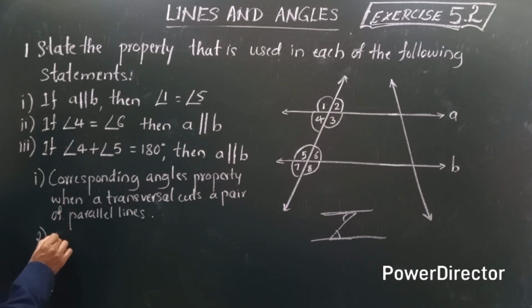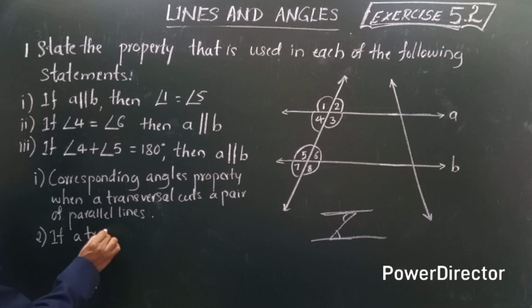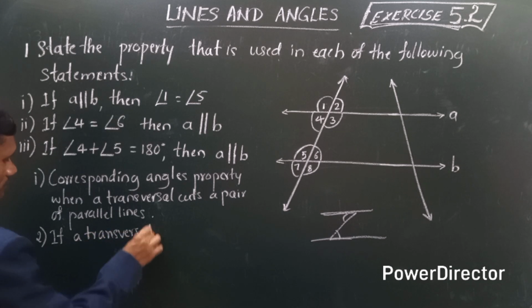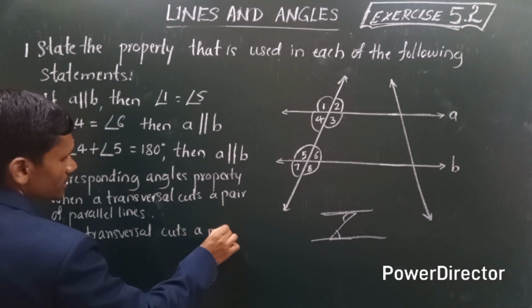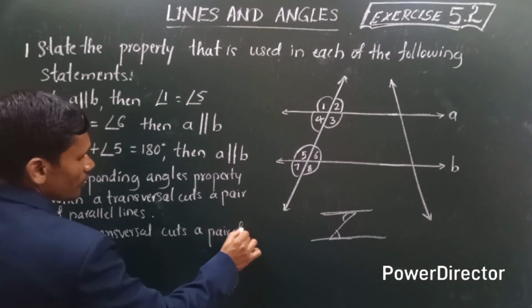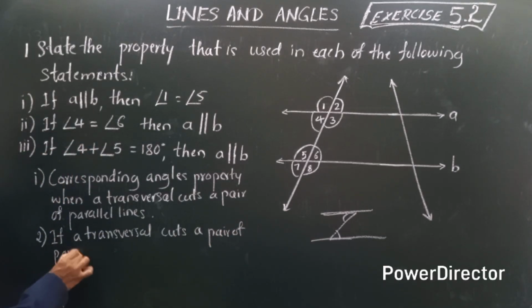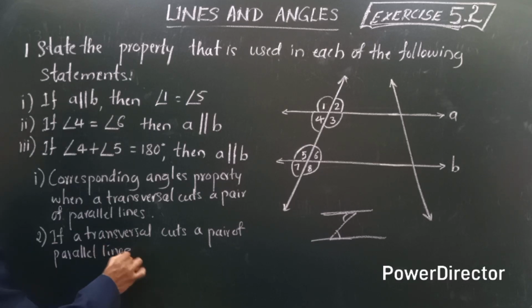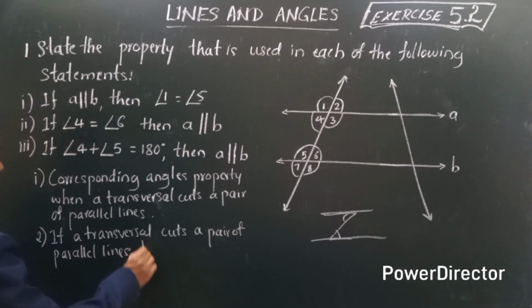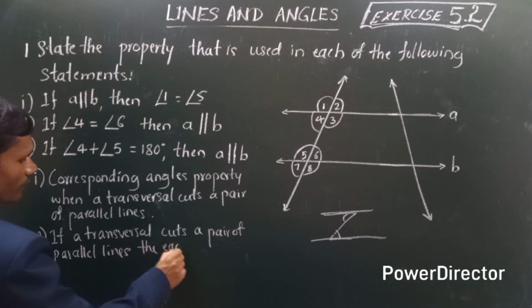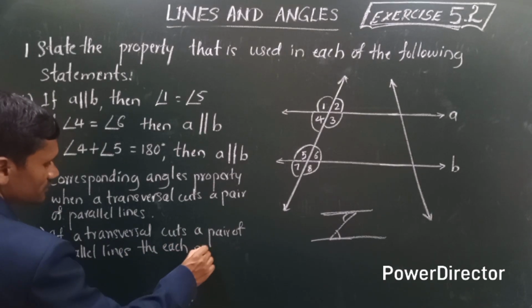If a transversal cuts a pair of parallel lines, then each pair of alternate interior angles are equal.